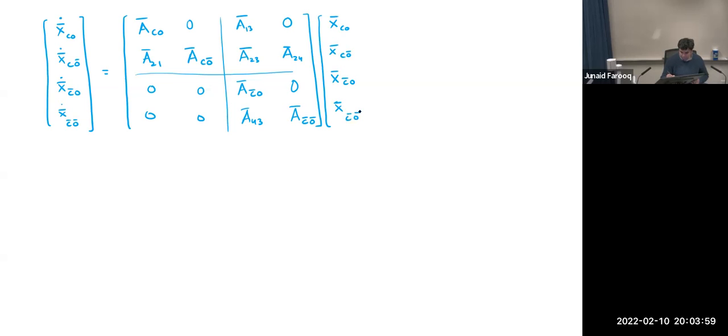So this is kind of the most general decomposition, and the B is also in a specific form. You will have B, but the first one is B bar CO, and then B bar CO bar, and then that's it.